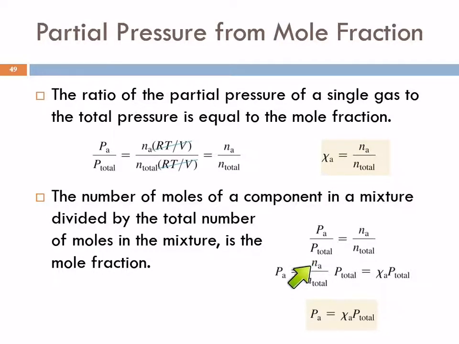Then we're recognizing that NA over N total is equal to chi A. So the partial pressure of a gas is equal to its mole fraction times the total pressure of the gas. Some of you may think, oh, that's really cool. And some of you may think, what the heck is she talking about? Well, there it is. I'm not going to make you derive that on an exam.